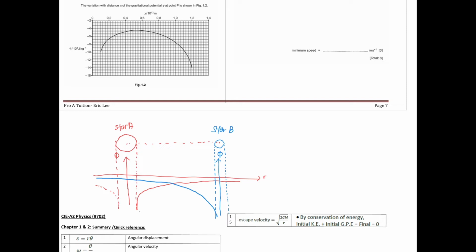Then the graph will keep going up, and then it will go down. Maybe I put it like this, so that is more reasonable. Negative.